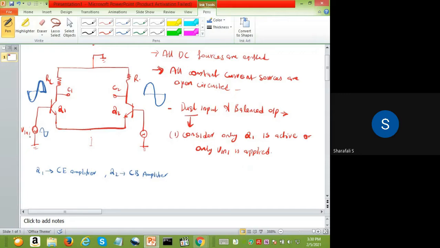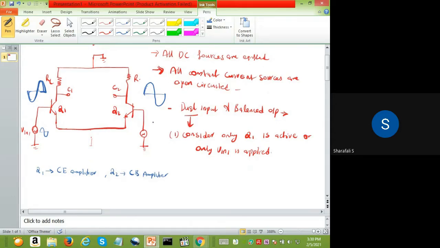We are applying only Vin1, so Vin1 will come here. From this common emitter configuration, we'll get output which is inverted and amplified, and that signal comes to the second transistor, and the input is given as it passes through this emitter. Base is common, so this will act as a common base amplifier, and the output will be amplified but in the same phase.